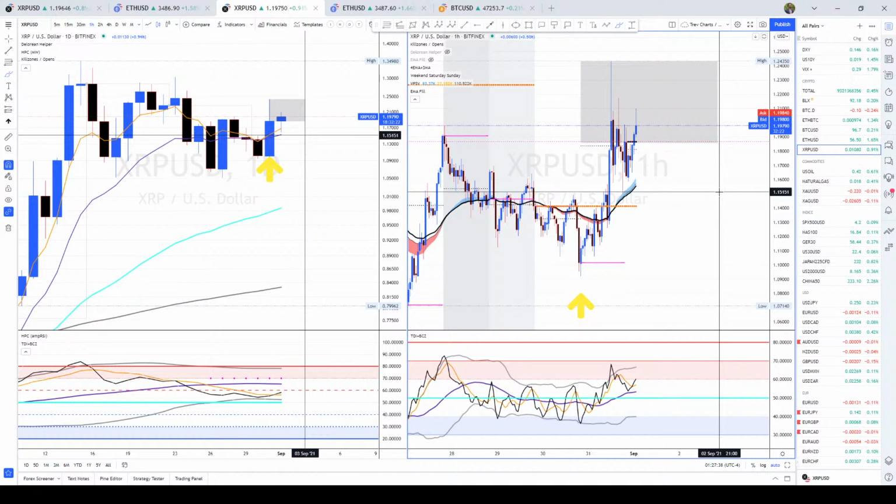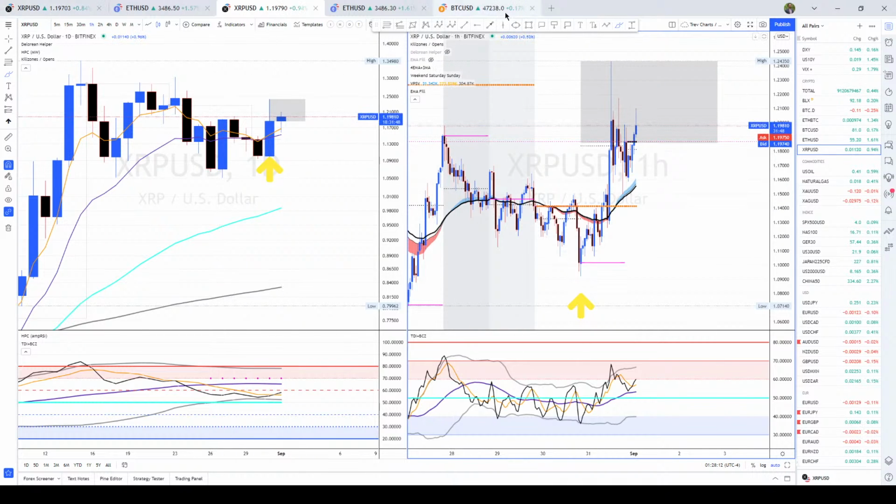Hashtag harmonic pattern. Do the London session thing. Boom, boom, boom, boom. Yes, sir.